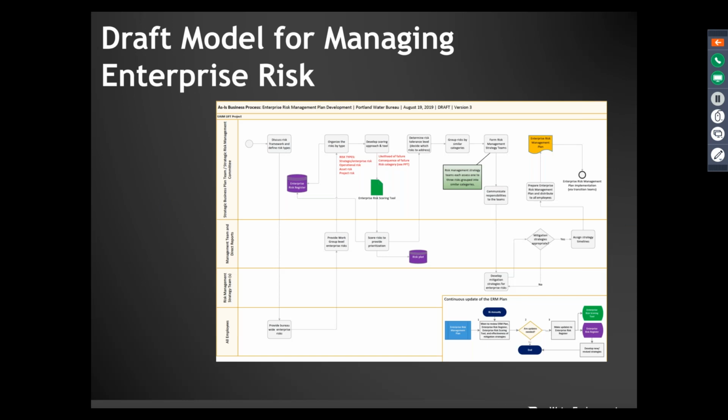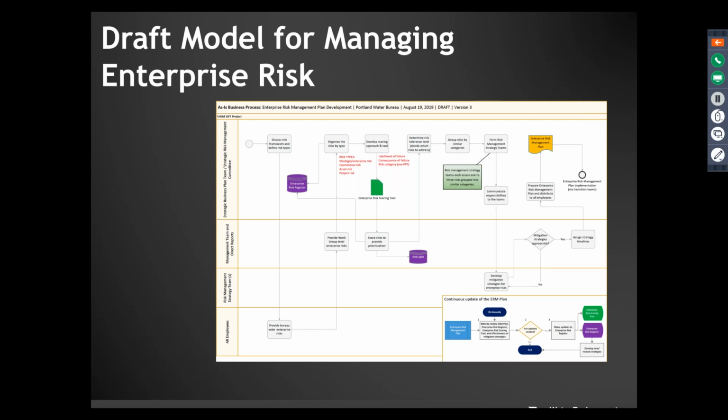Right. So here on the screen is our draft as-is model for managing enterprise risk that we put forward at our first in-person meeting in Portland. This is obviously too small, and my expectation is not for you to read this.